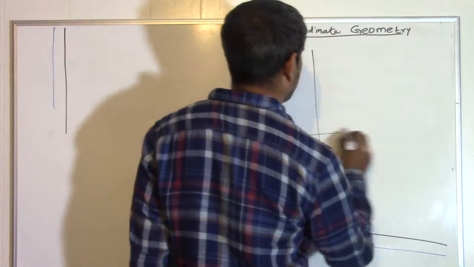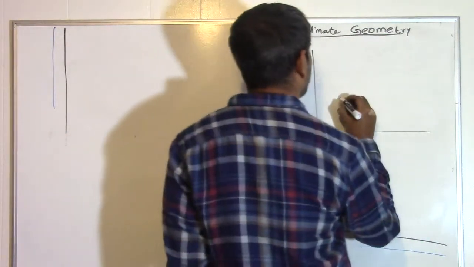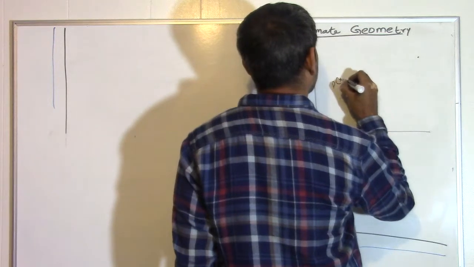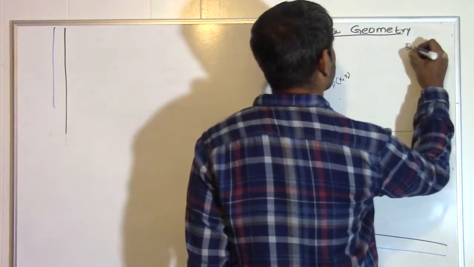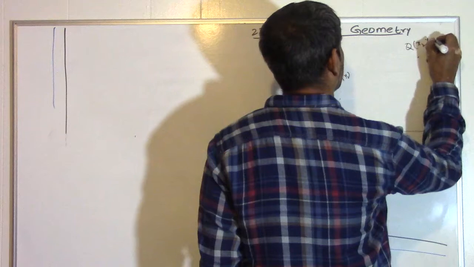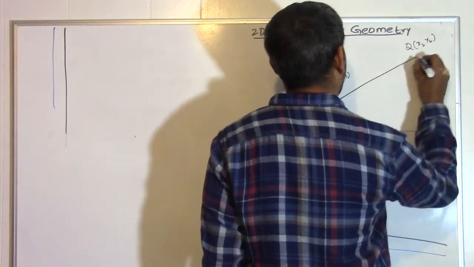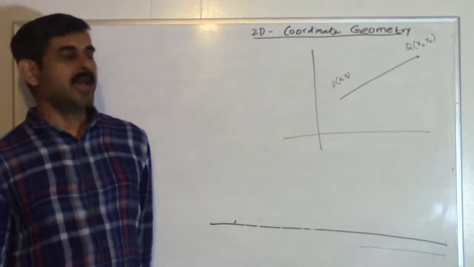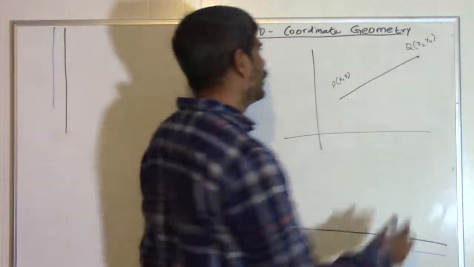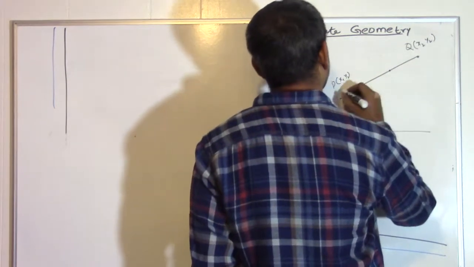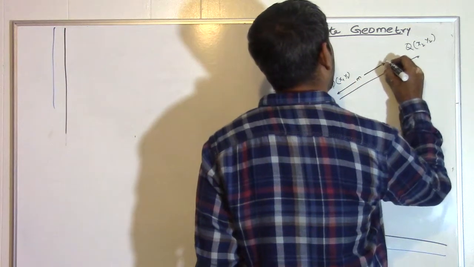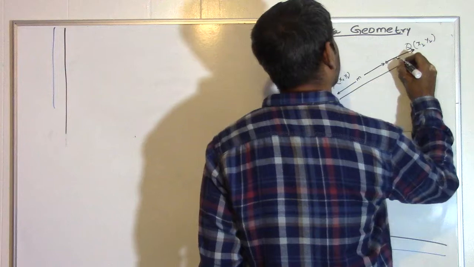Let us say I have given you 2 points. One has coordinate x1, y1, another has a coordinate of x2 and y2, and I join these points. And then I ask you to divide this line in the ratio m to n.